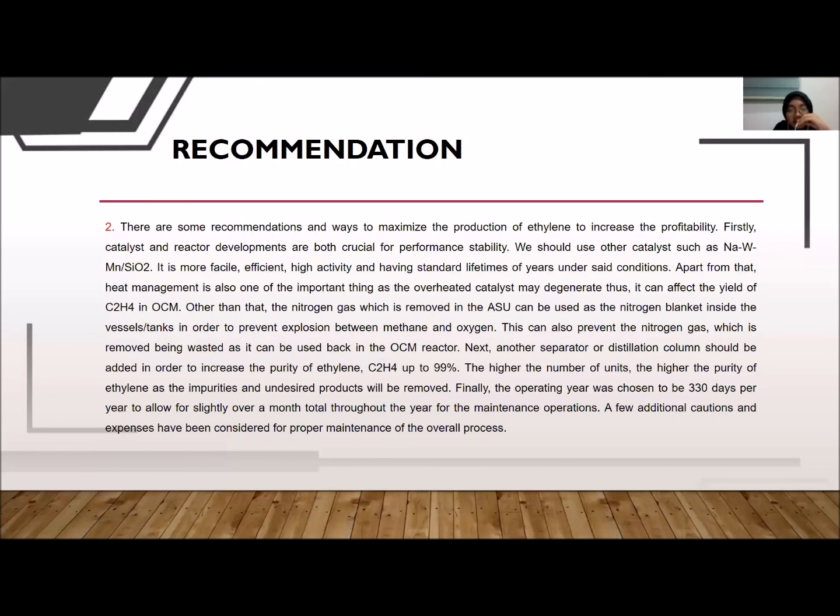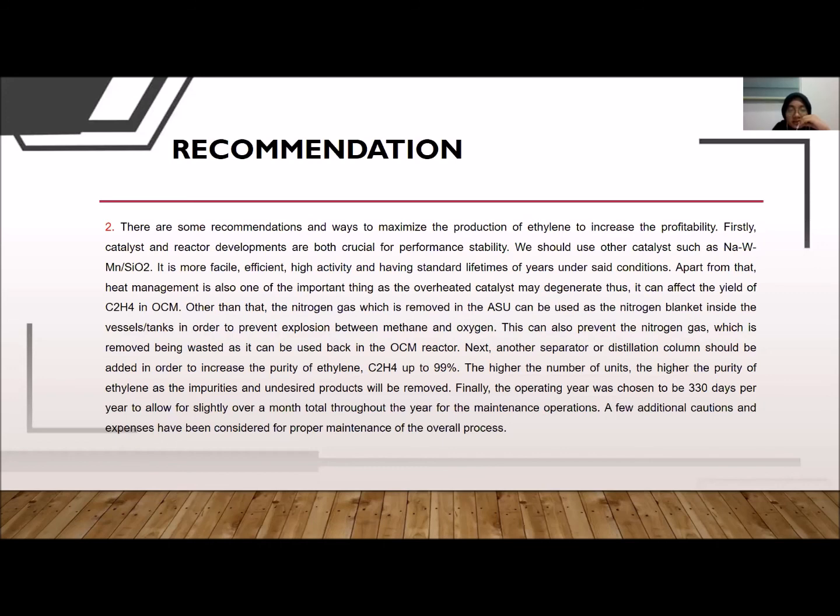Next, there are some recommendations to maximize the production of ethylene and to increase the profit. First, we should use another catalyst which is more facile and efficient.